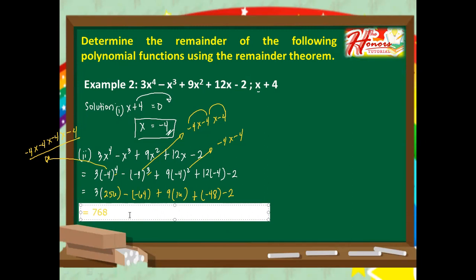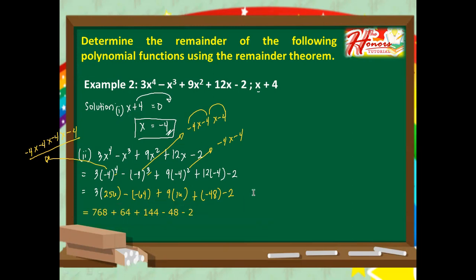Negative times negative is positive, so plus 64, plus 9 times 16, let's multiply. That is equal to 144. And then we have positive times negative, it's negative, so minus 48 minus 2.